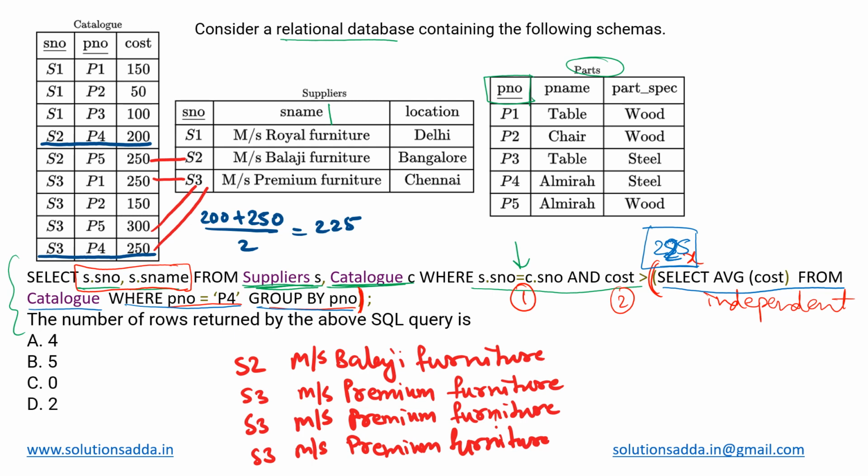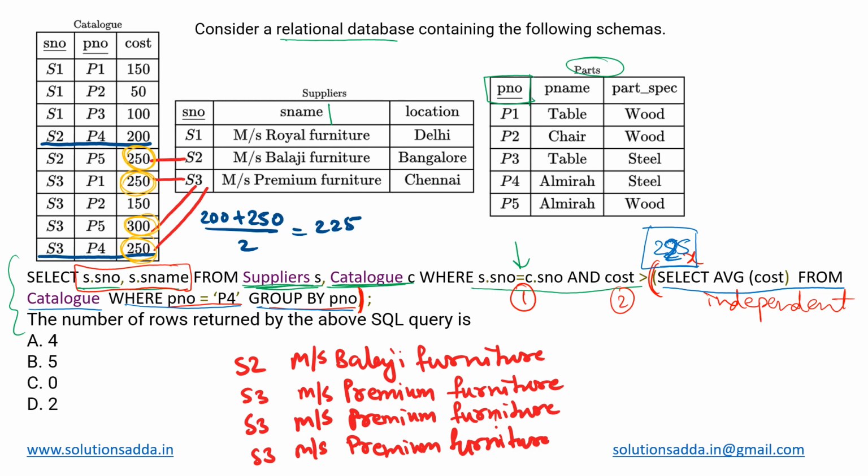First, we will be applying the second condition, that is cost greater than 225, because that will sort out the maximum number of tuples. We'll be left with the lesser number of tuples to be dealt with. So we can see the cost is greater than 225 in this one below. This is third and this is fourth. So there are only these four tuples we are getting in which cost is actually greater than 225.